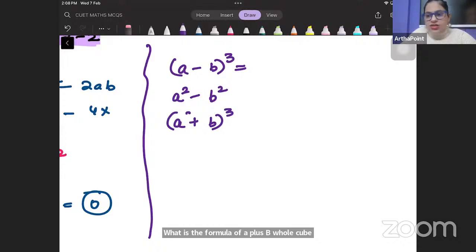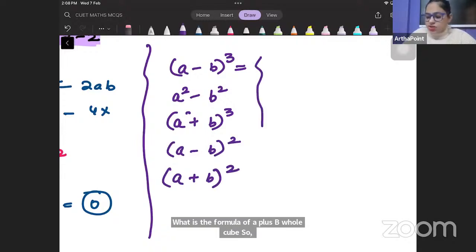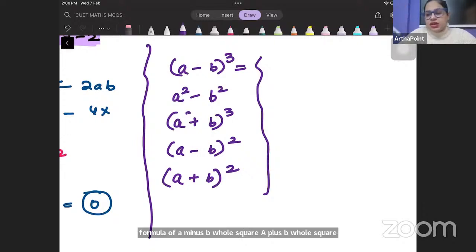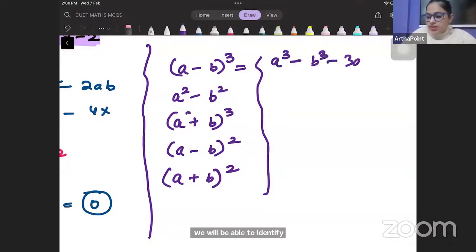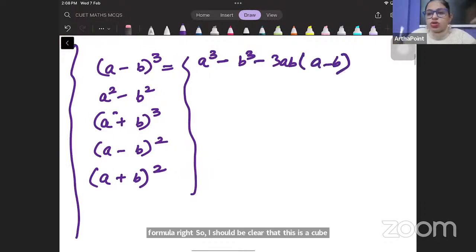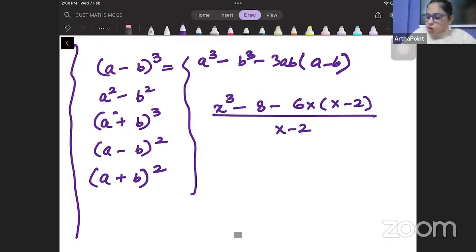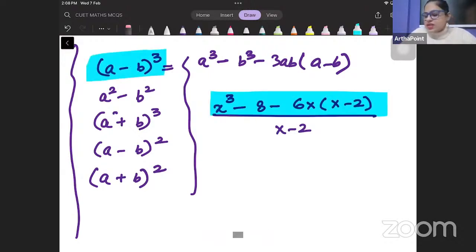तो ये सारे formulas, what is the formula of (a minus b) whole square, (a plus b) whole square, ये सब हमें clear होने चाहिए so that the moment we see, we will be able to identify कि अच्छा, ये तो (a minus b) whole cube का formula है, right? So I should be clear that this is a cube minus b cube minus 3ab(a minus b). तो अगर मुझे कुछ ऐसा exam में दिखे, suppose मेरे को numerator में ये दिख रहा है, x cube minus 8 minus 3 into 2 into x(x minus 2), ऐसा कुछ दिख रहा है exam में. So I identify कि okay, ये जो numerator है ये तो (a minus b) whole cube ही है, where a is x and b is 2.